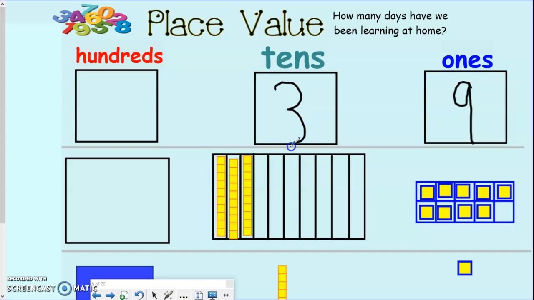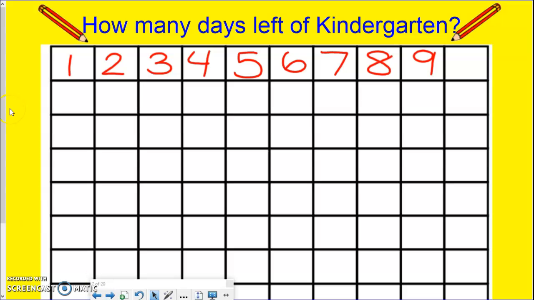So my big number that I created was 39. All right, now I need to erase one of the days because this will tell us how many days left of kindergarten. How many days do we have left now? 1, 2, 3, 4, 5, 6, 7, 8 days left of kindergarten.